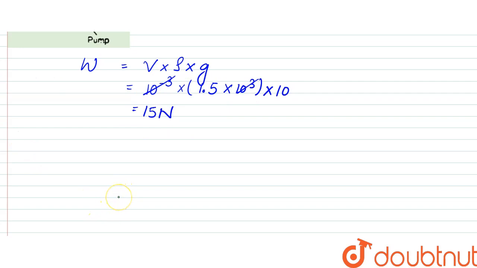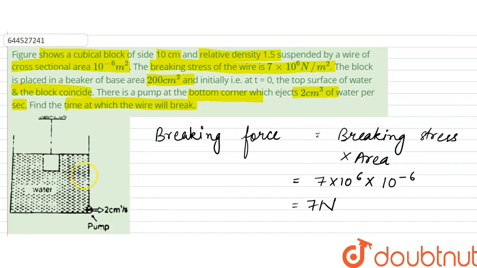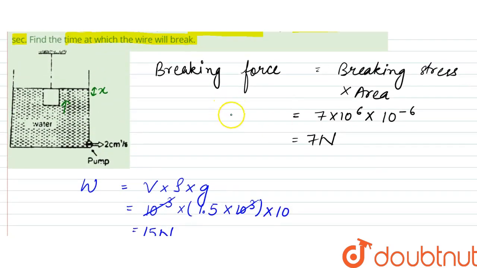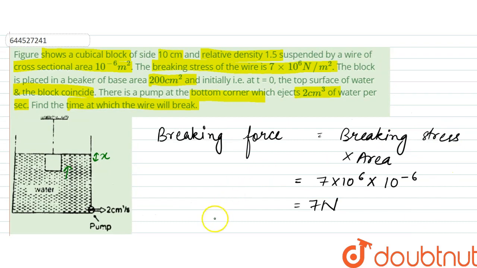Now, what we can say is that the upthrust, when the liquid level descends by x, we can represent simply by F. And we can represent the breaking force by FB.